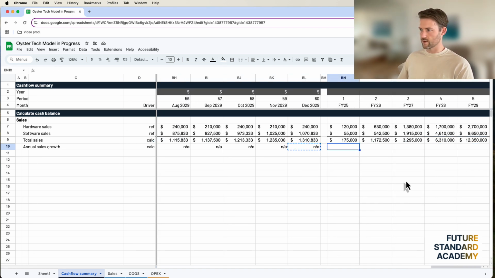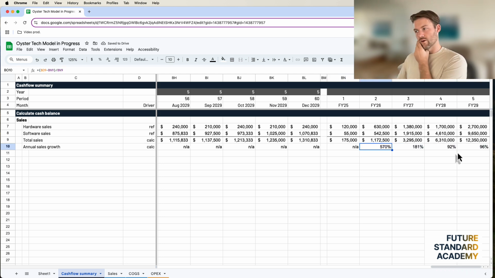Now for the growth year over year, that's going to be current year minus previous year, divided by previous year, turned into a percentage. What this is saying now is that this company is growing 6 times over the first year, 3 times over the second year, 2 times over the year before, 2 times over the year before.